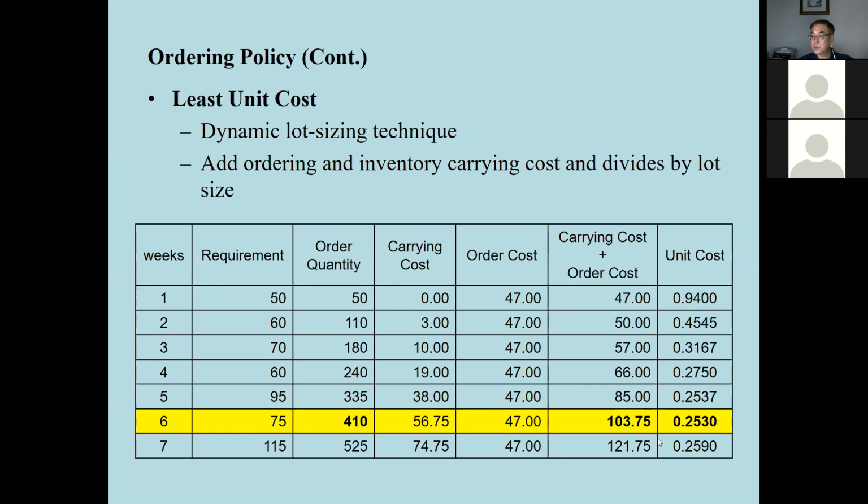Among those unit costs, the smallest is this one. So take this order quantity. If we use the least unit cost policy, then 410 is the optimal order quantity.